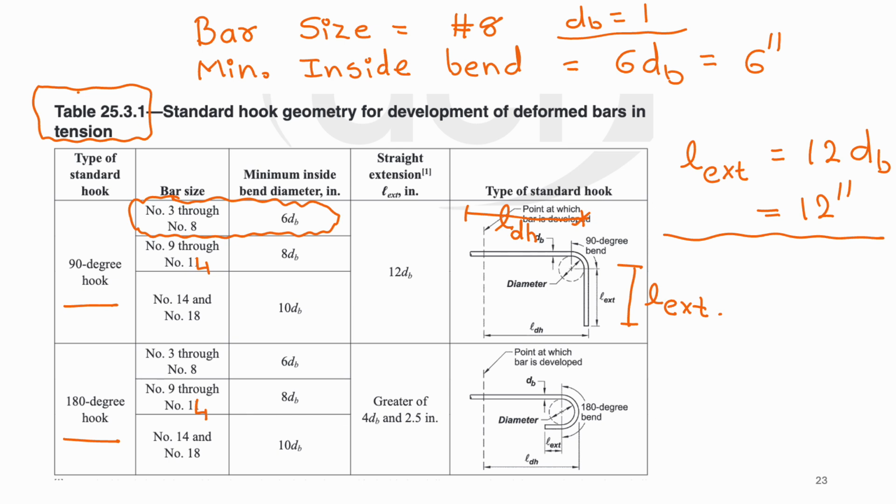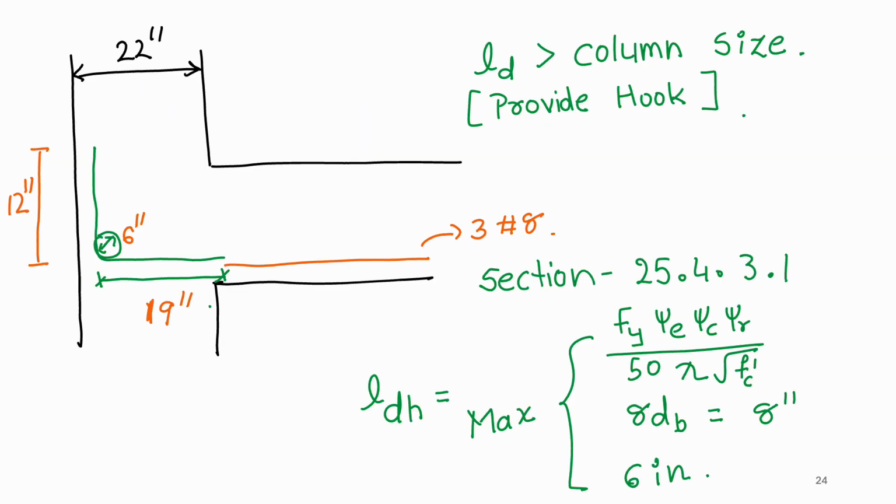And now your minimum inside bend will be 6 inch, extension will be 12 times rebar size, which is in this case 1, so that is 12 inch. So if you need to see this picture, again you have extension of 12 inch and you have inside 6 inch, and again ldh will be the maximum of the three.